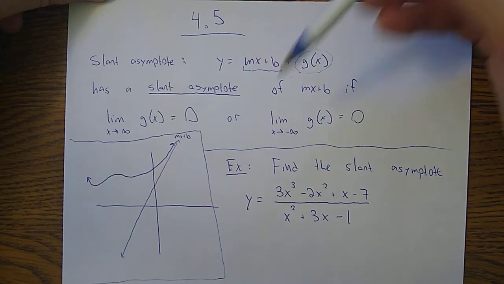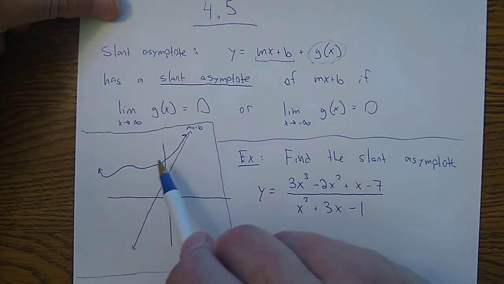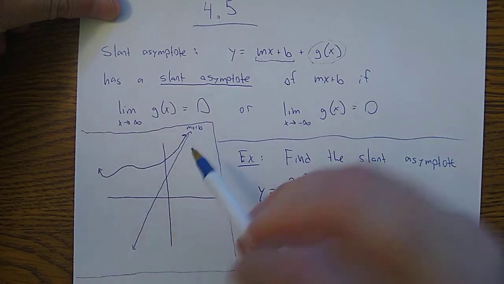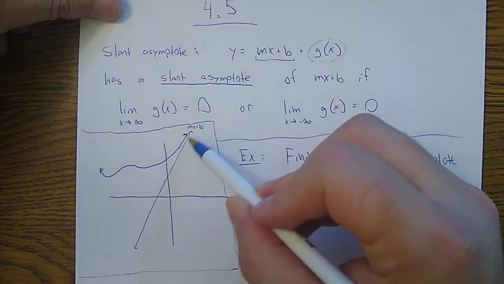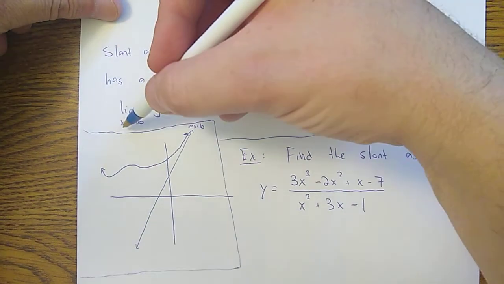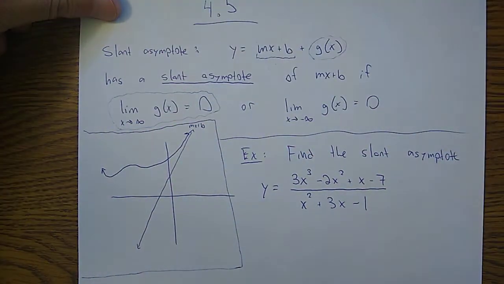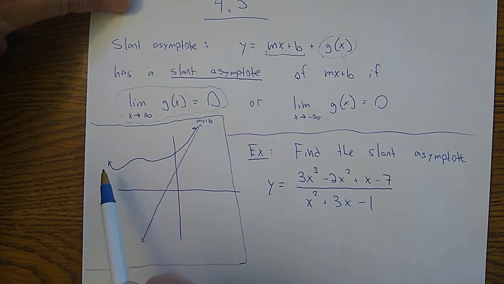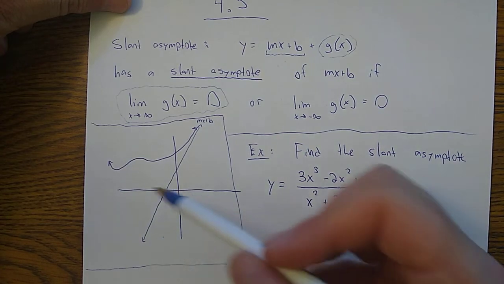Because basically what's happening is, in this picture, if I do the limit as x goes to positive infinity, then it looks like this curve is matching up with this line. So in this picture, it's this situation. If I move farther to the left, it doesn't really look like the curve is very close to the line.